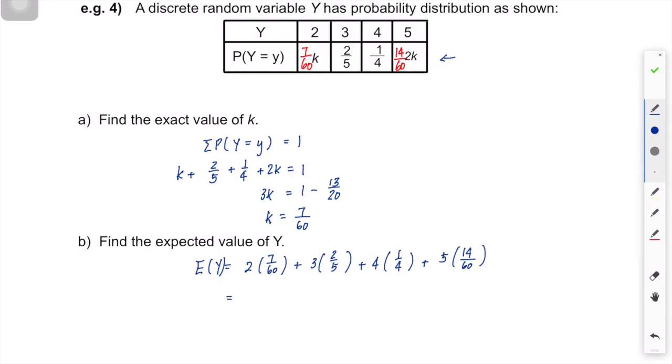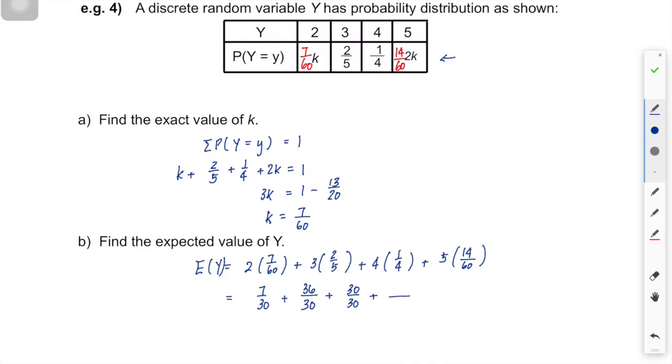Okay, should we brave this? Why not? So 7 over 30 plus I have 6 over 5. 6 over 5 is 36 over 30 plus 1 plus 70 over 30.